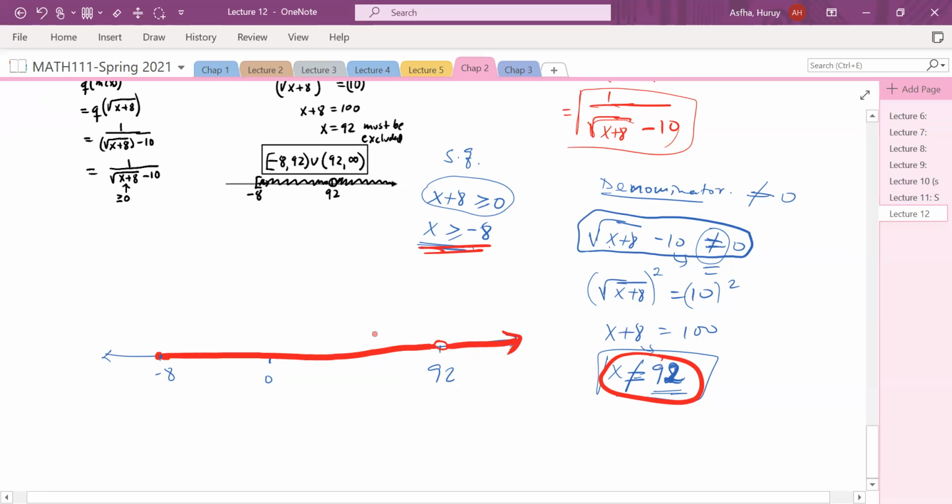Therefore, we have two intervals. This interval is from -8 to 92, with a square bracket because -8 is included, but a parenthesis because 92 is excluded. Union, we have another interval starting at 92, exclusive, up to positive infinity. So this is the domain of the new function, the composition of q and m. This is how we find the domain.